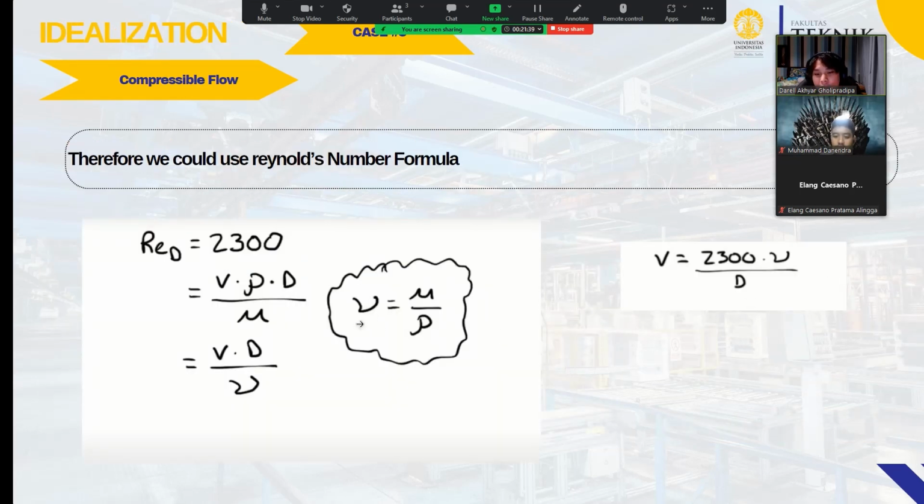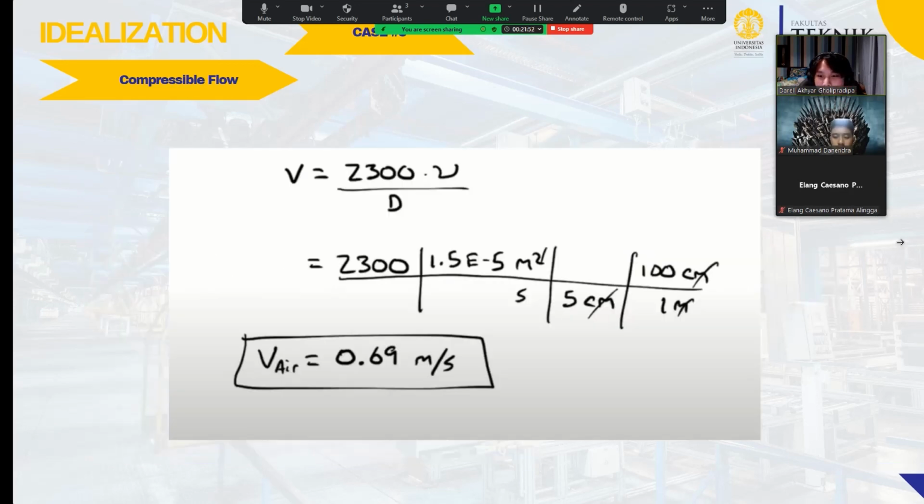The kinematic viscosity is the same as dynamic viscosity per rho, so we have V equals 2300 times the kinematic viscosity per d. After calculating, we get the velocity of air is 0.69 meters per second. In conclusion, we can draw a line: anything below 0.69 meters per second is laminar flow, and anything above it will become turbulent flow.